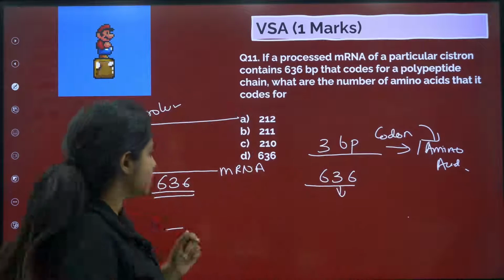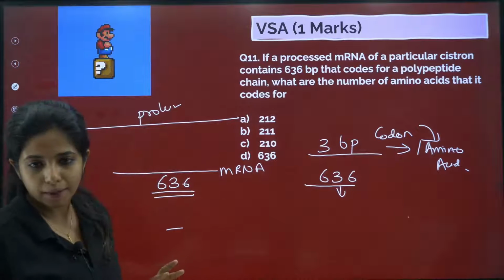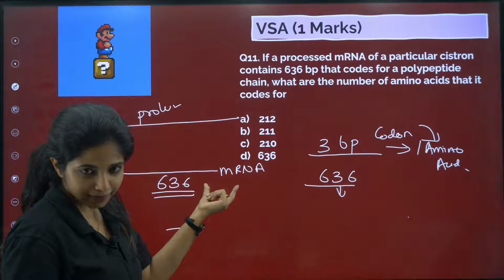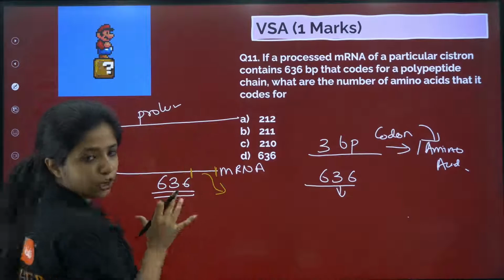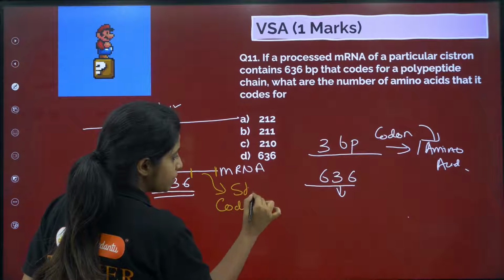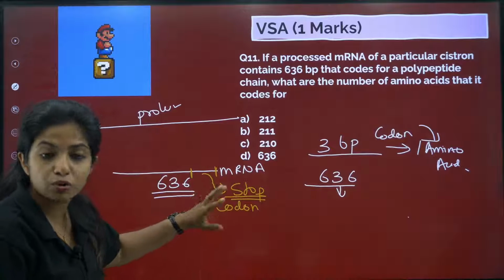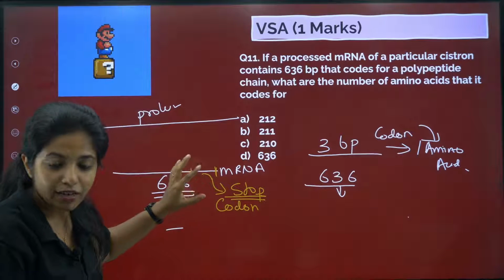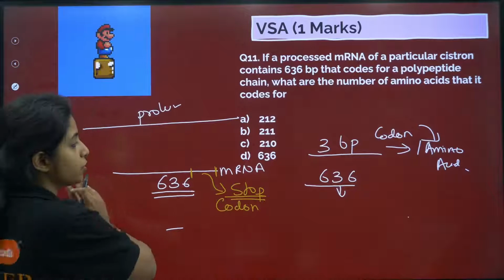Why? Because I told you 636 base pairs are there in the mRNA. Now the last one, obviously if you have to make a polypeptide chain, there should be some stop codon, my dear children. There should be one stop codon right there, which would not be coding for anything, it is just there to stop the process of translation.